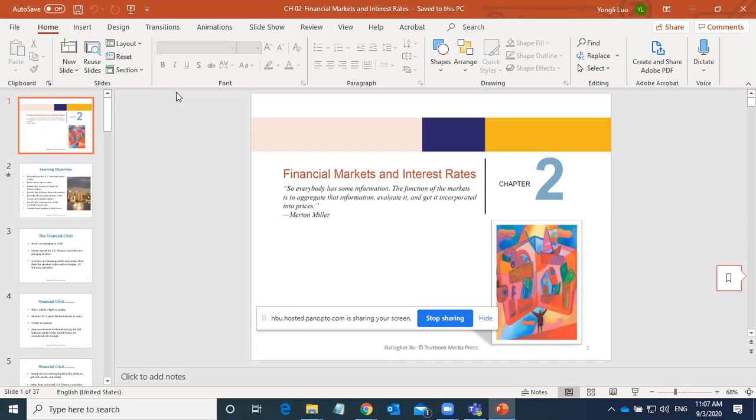It will lead you step by step to get the data. It will help you calculate what the real interest rate, the default risk premium, and the maturity risk premium of the United States are.